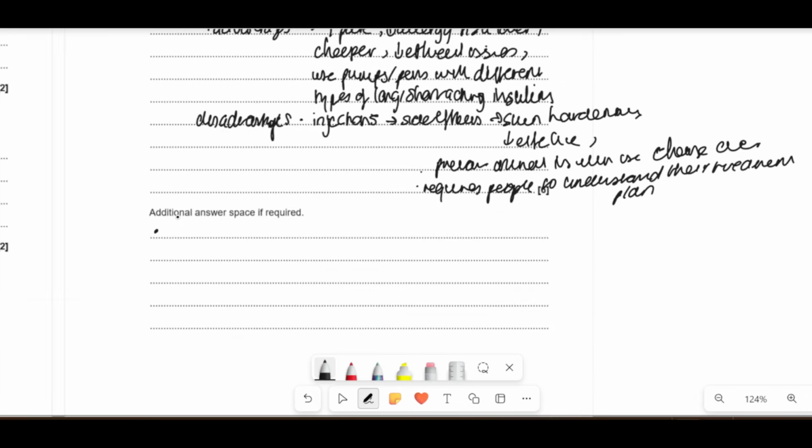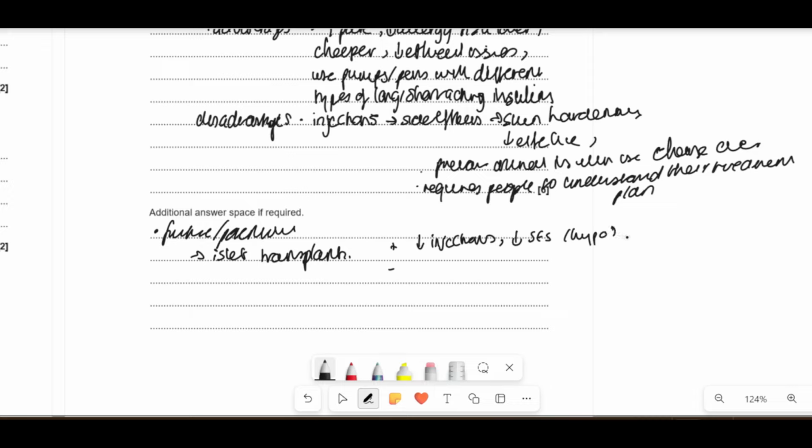So if we look at our future potential options, we could do islet transplants, so its benefits and its disadvantages. The advantages of using islet transplants could be, obviously, there's no need for injections. Again, I'm just comparing it to the ones above. It also means you can get fewer side effects, for example hypoglycemia.